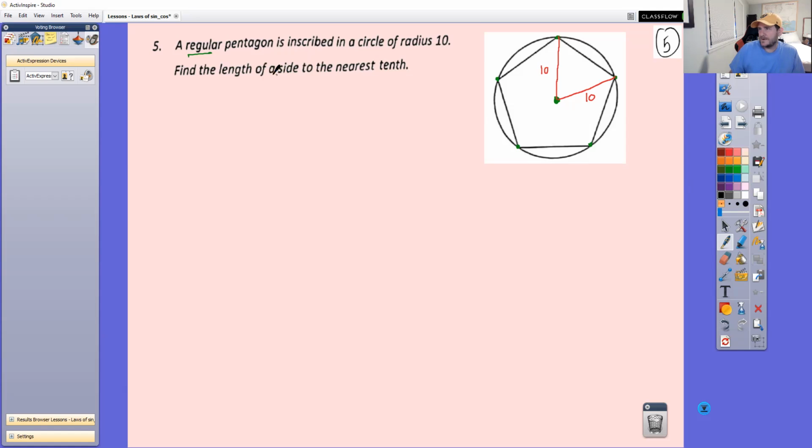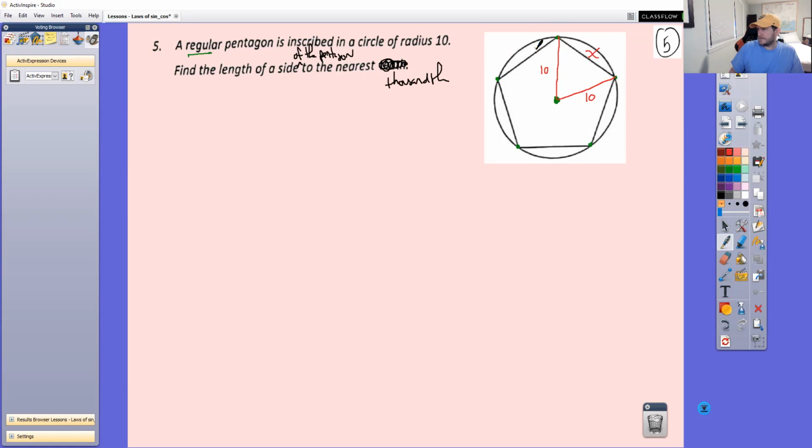I mean, the only thing here that has sides is the pentagon, so we know that, but you should probably say find the length of a side of the pentagon to the nearest tenth, never tenth, always thousandth. But that means that what we're solving for is the length of a side. I'm going to call it x.